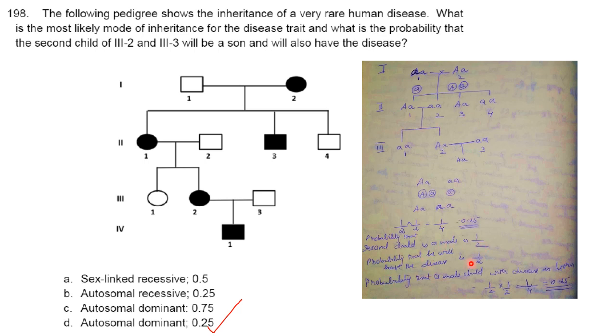Probability that he will have the disease is half. In the case of 3-2 and 3-3, that is this one, I have rewritten it over here. So capital A, small a, small a, small a. So the probability that the child is a male with the disease is 1/4 or 0.25. So the answer here is option D.